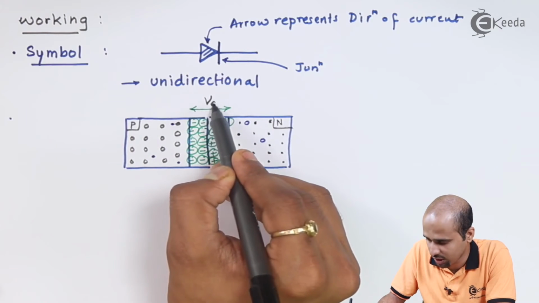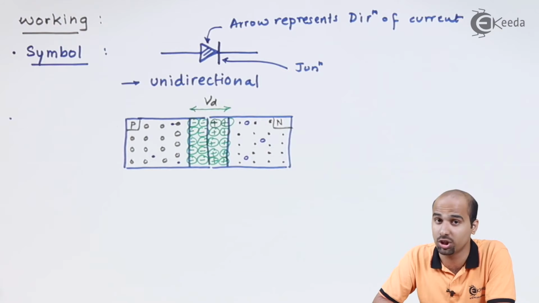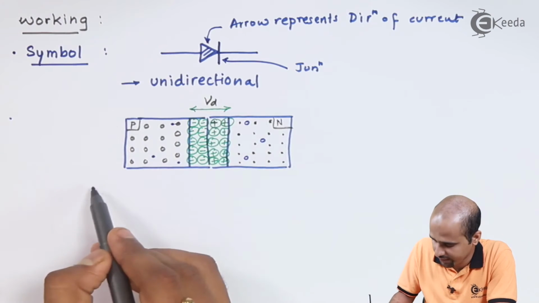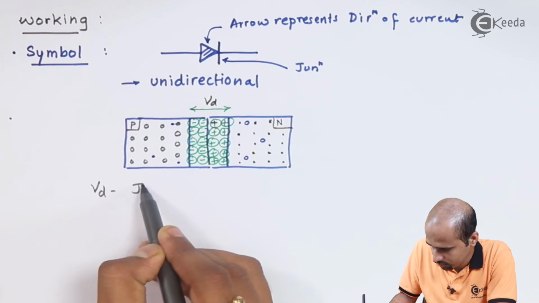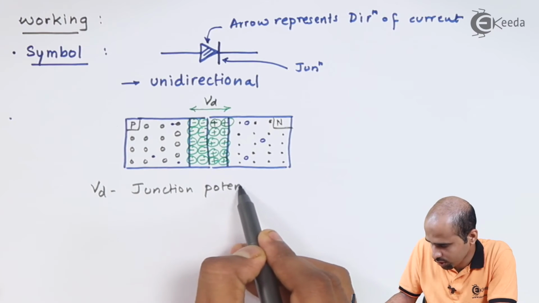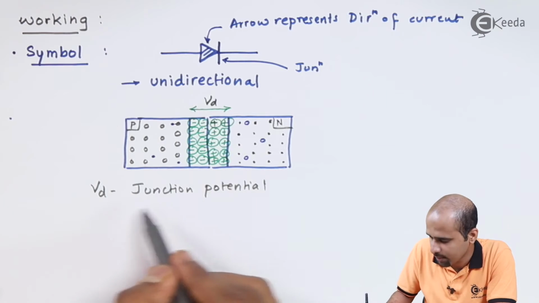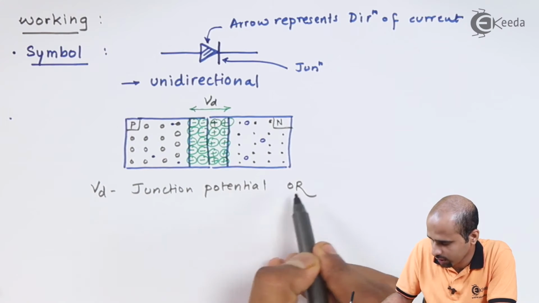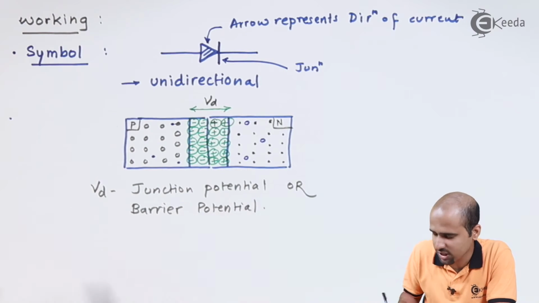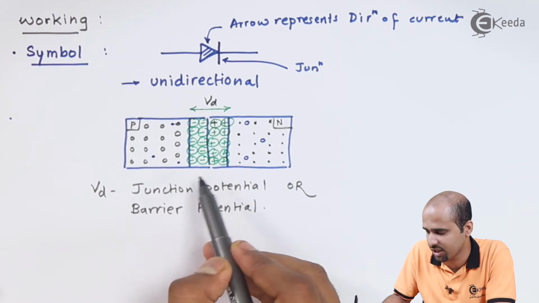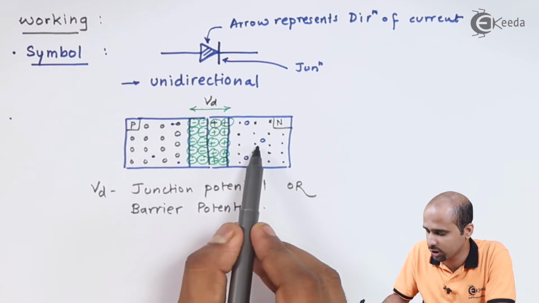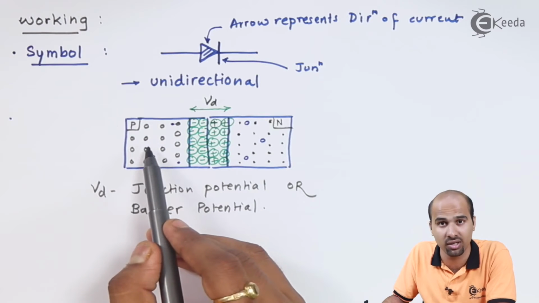Whatever potential I get is called the junction potential. This is denoted by Vd. Vd is called the junction potential. This is also called the barrier potential, because if we have this kind of potential difference, then and only then is it possible to form a barrier between the electrons in the n-type and holes in the p-type.